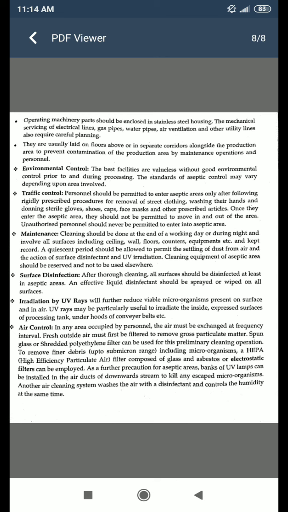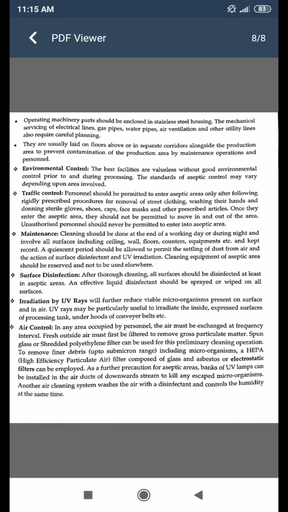Okay, then maintenance. Cleaning should be done at the end of the working day or during night and involve all surfaces including ceiling, wall, floor, counters, equipment, etc., and a record kept. A quiescent period should be allowed to permit the settling of dust from the air and the action of surface disinfectant and UV radiation.